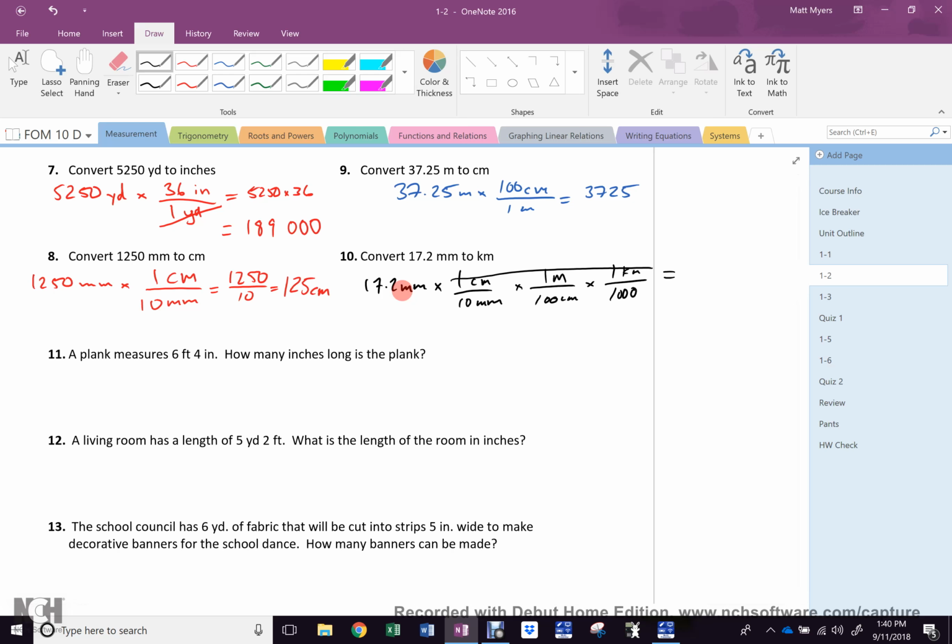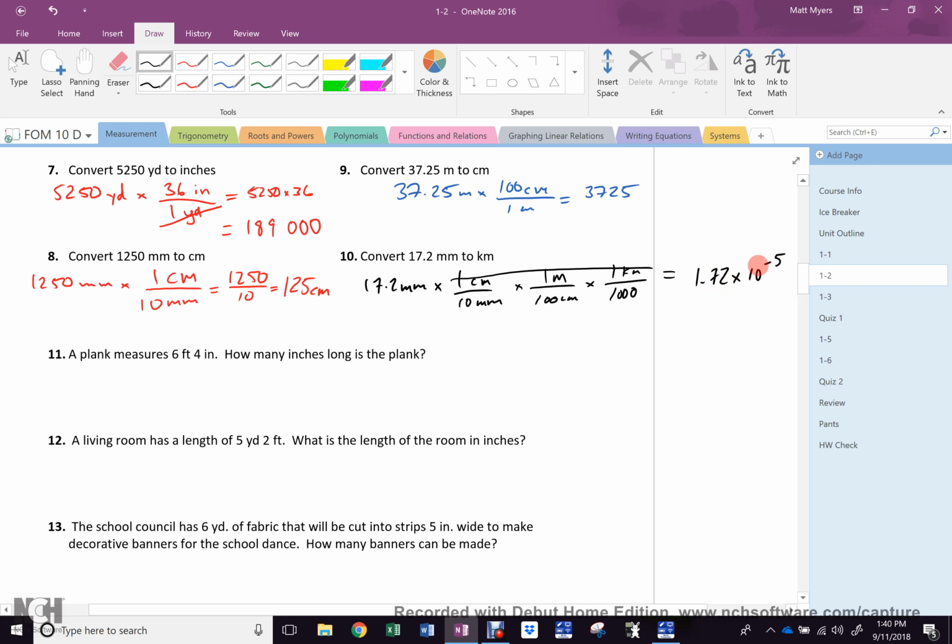Everybody cool? Now, if you punch this into your calculator, some of you will get a long decimal with lots of zeros. Some of you will get this, 1.72 times 10 to the negative 5. Right?